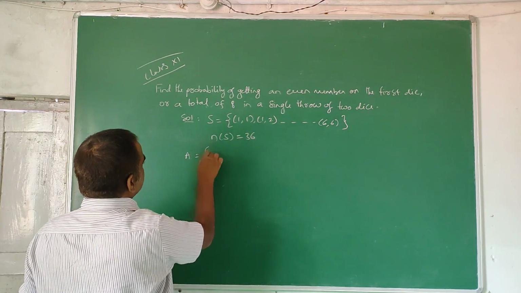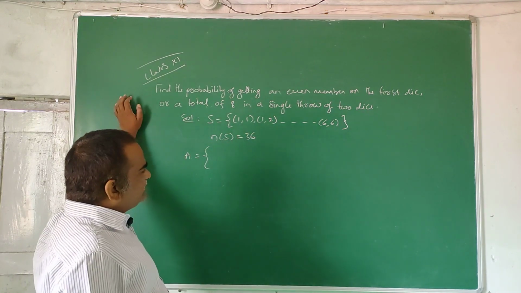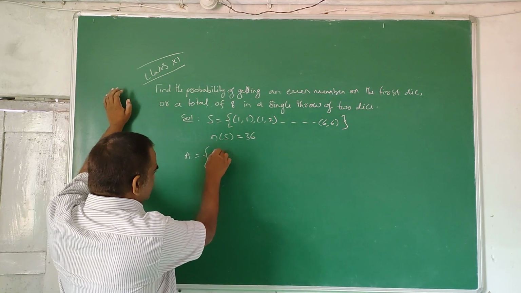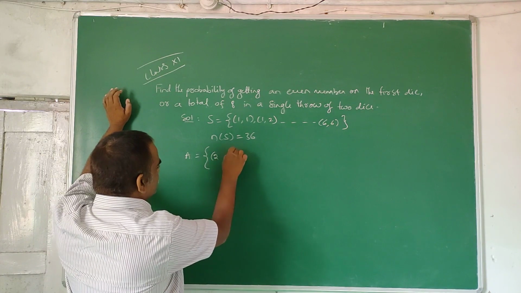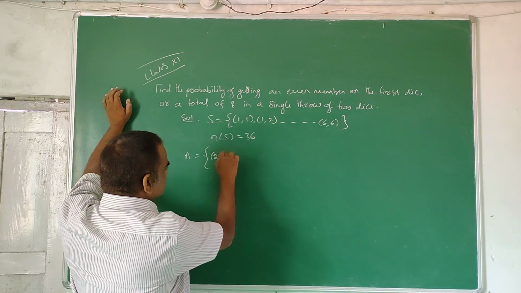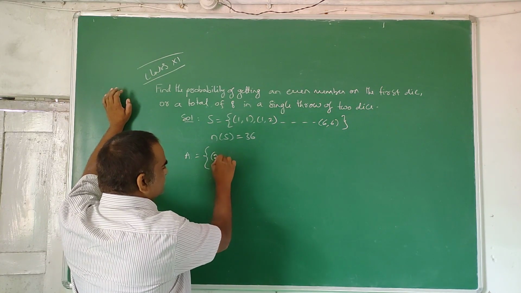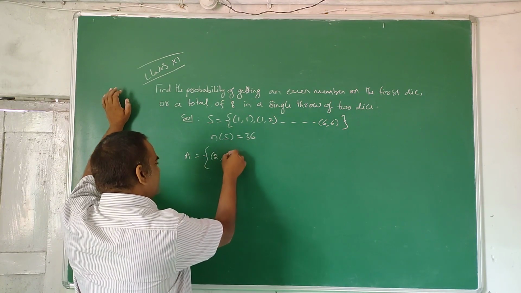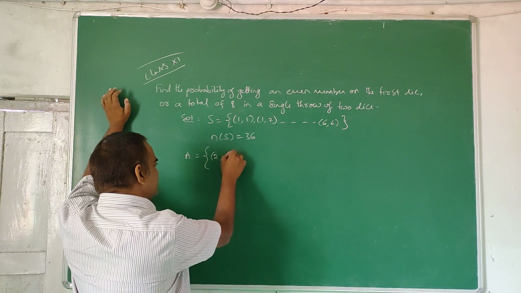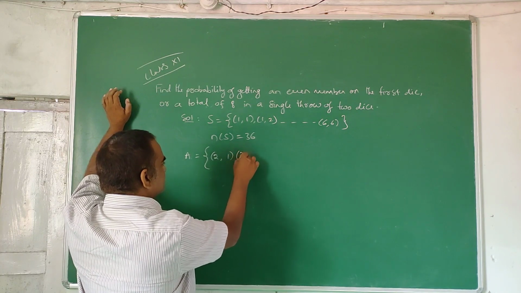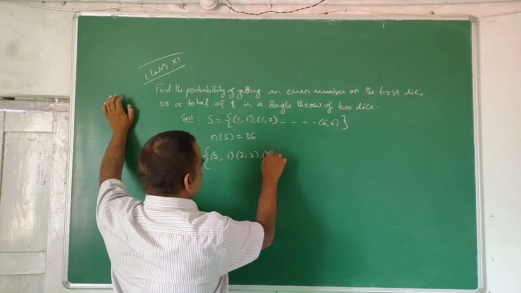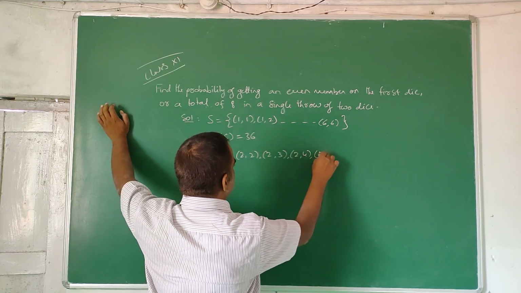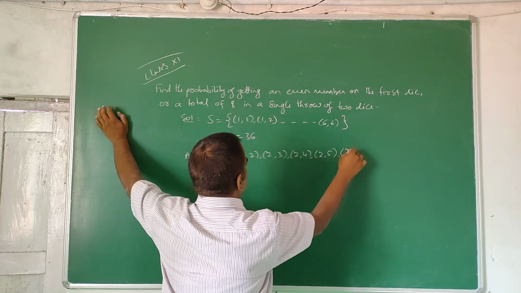So now A is getting an even number on the first die. Even number means 2, and this 2 should be on the first die, no matter what number appears on the second die. So 2,1; 2,2; 2,3; 2,4; 2,5; 2,6.